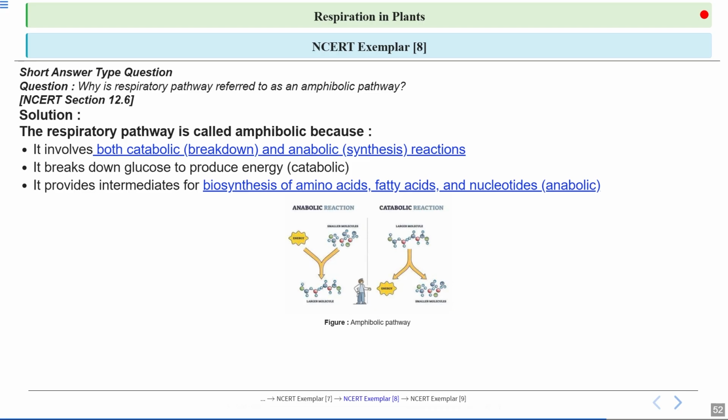Here in the image, you can see the amphibolic pathway. The respiratory pathway is both anabolic as well as catabolic. There is synthesis of larger molecules from smaller ones with the input of energy, as well as breakdown of larger molecules into smaller ones with the release of energy. And therefore, the respiratory pathway is an amphibolic pathway.